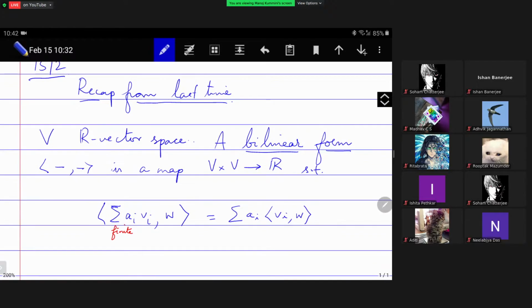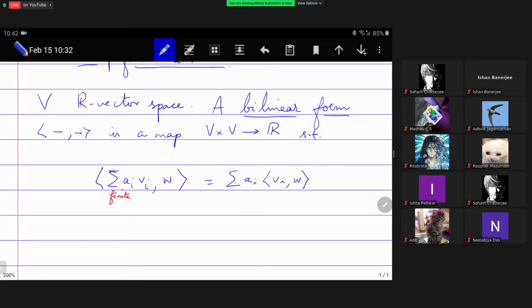So I'm just rewriting what we did in a slightly different way from last time. And if you have something on the left, the first factor, and a linear combination on the second factor, again this is a finite sum, and the sum is over j.